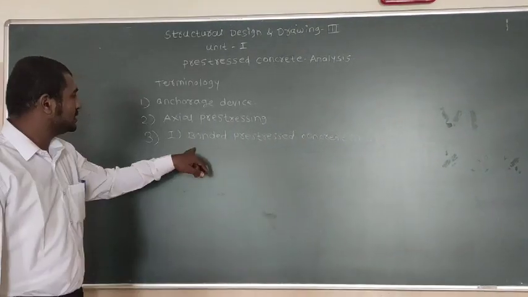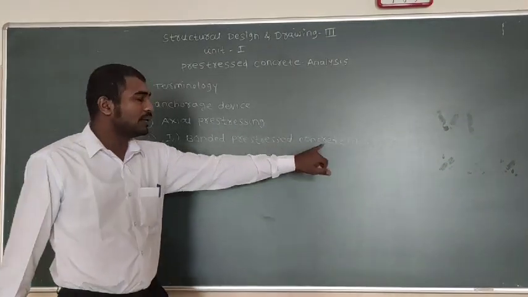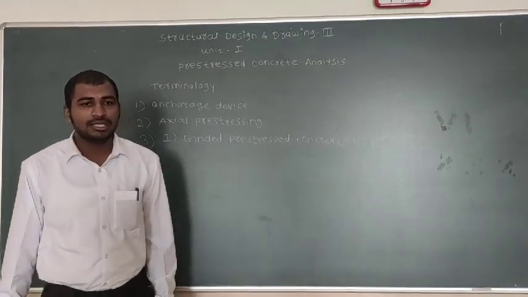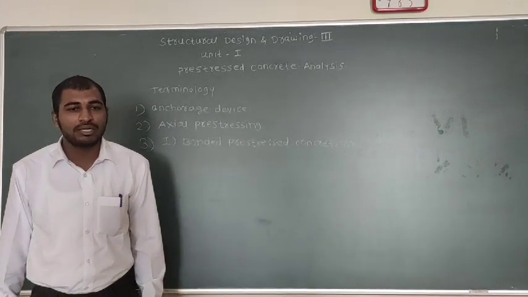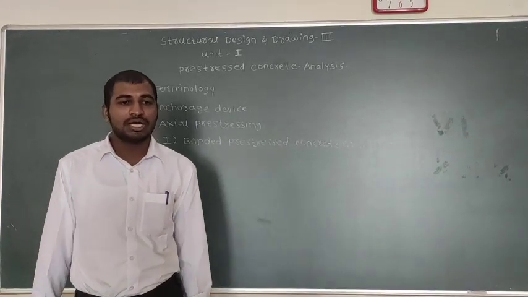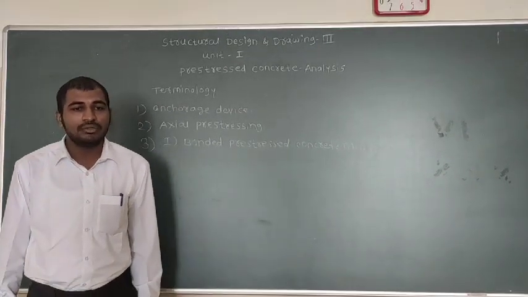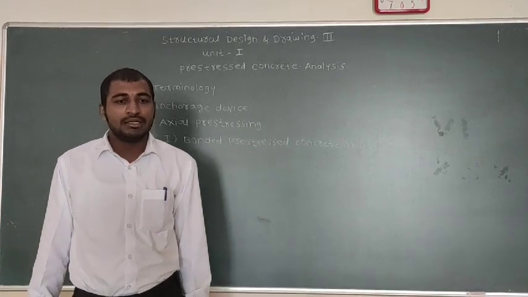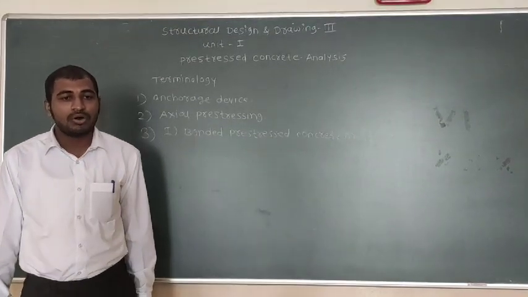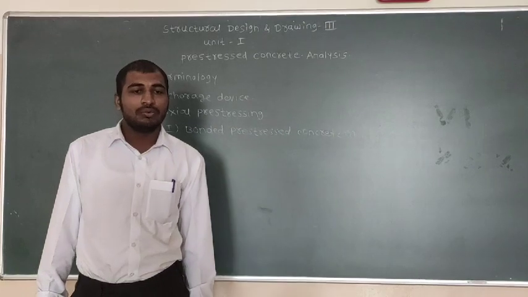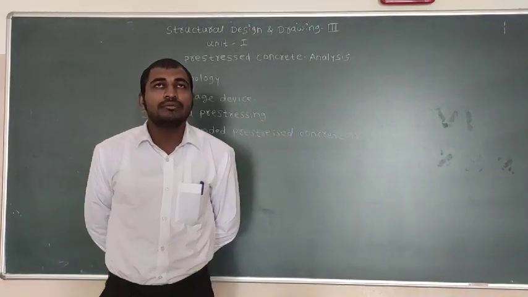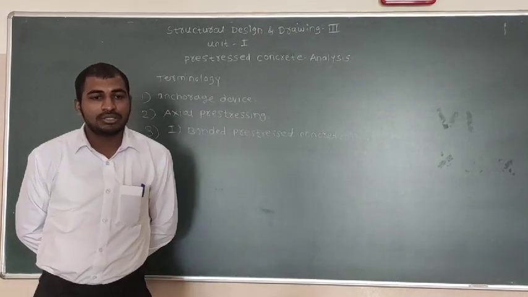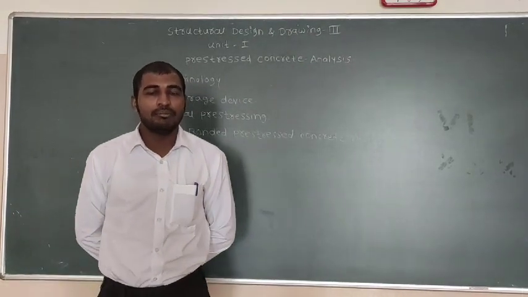The first one is the bonded prestressed concrete member, in which tendons are bonded to the concrete either directly or through grouting. Pretensioned and grouted tendon members are bonded members.